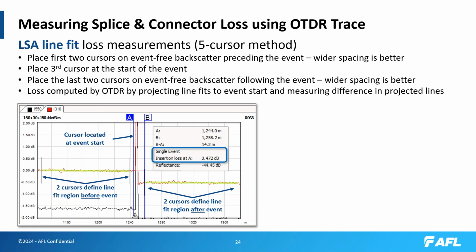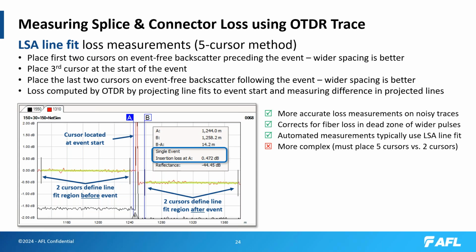The line fit before is extended out to the start of the event, and the line fit after is extended back to the start of the event. And then the difference between the 2 lines at the start of the event itself is your loss measurement.